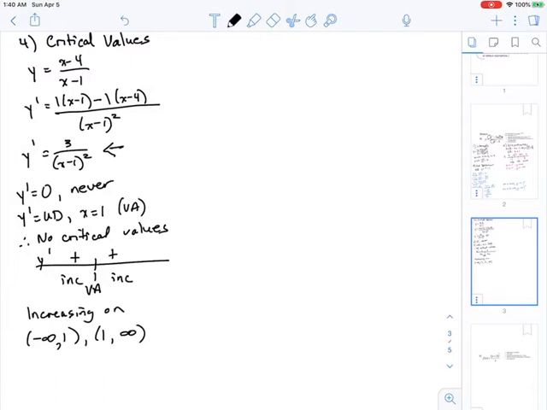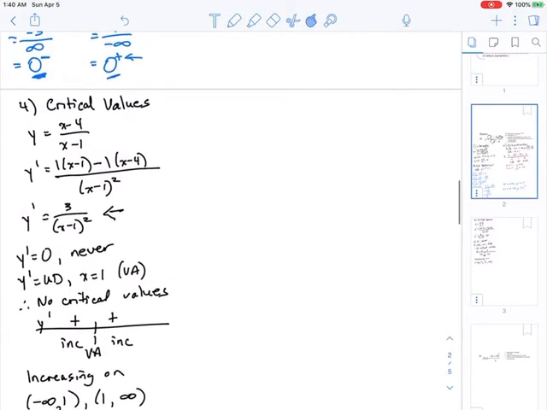Okay, and the last thing to find is the inflection points. Oops, spelled that wrong. All right, inflection points.